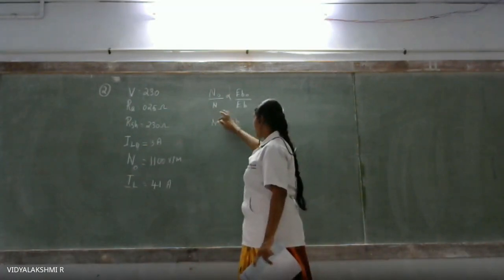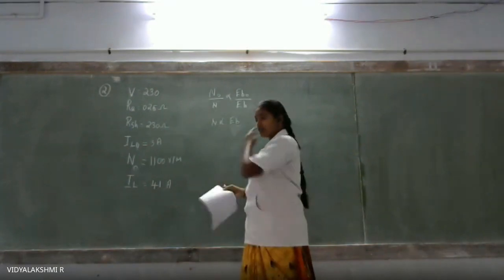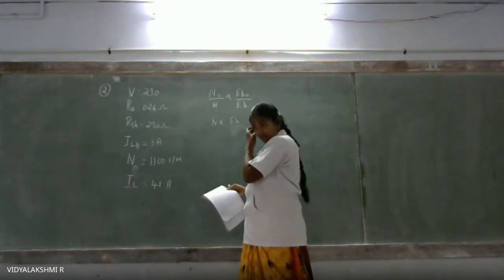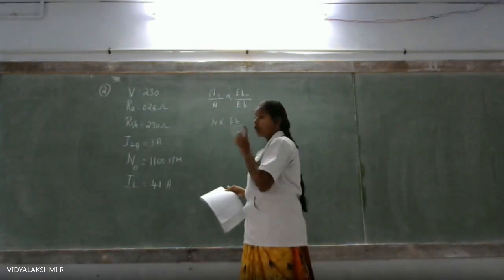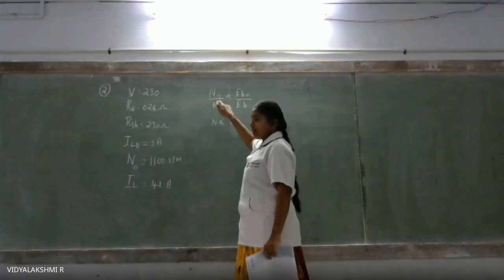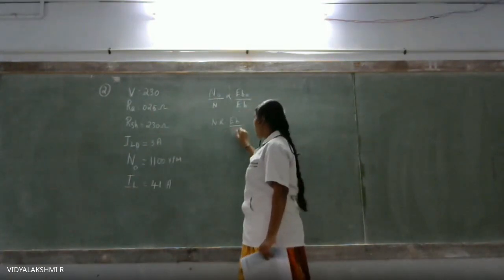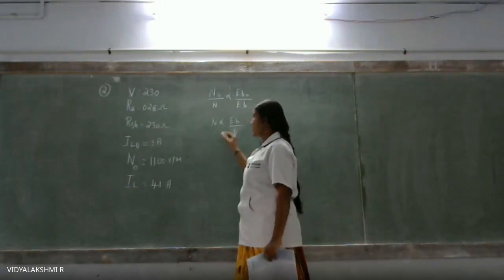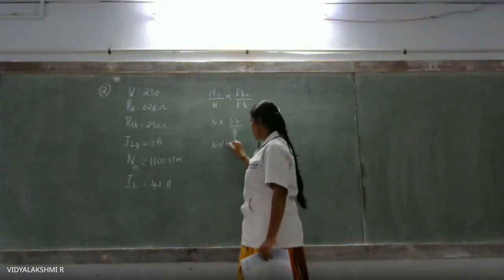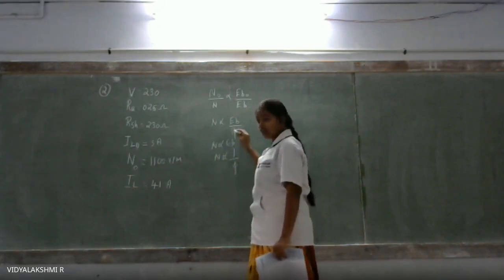So we know that N is directly proportional to EB. I'm going to find out the no load to full load speed. So I have named it N naught by N and then EB naught by EB, the same formula EB by phi. Here you can say N is directly proportional to EB, and the same way N is inversely proportional to the flux. So I'm using the formula here.